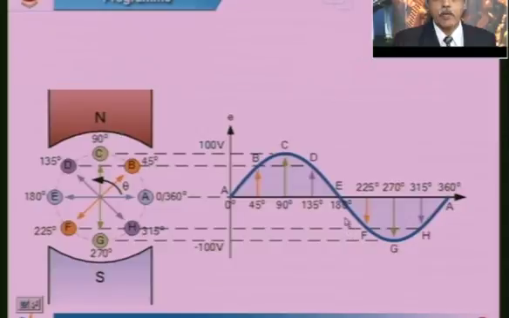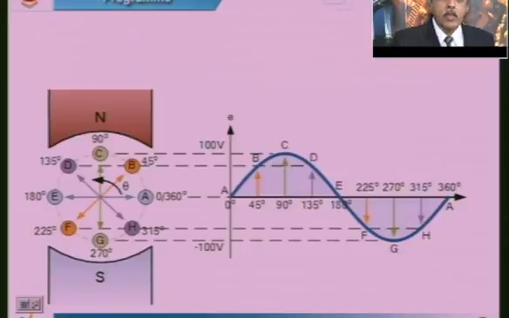So you can see here when the coil is moved by 225 degrees from its initial position of A, I am getting a voltage of, say here, F. This height represents the voltage at the position where the conductor is 225 degrees from the reference position of 0.